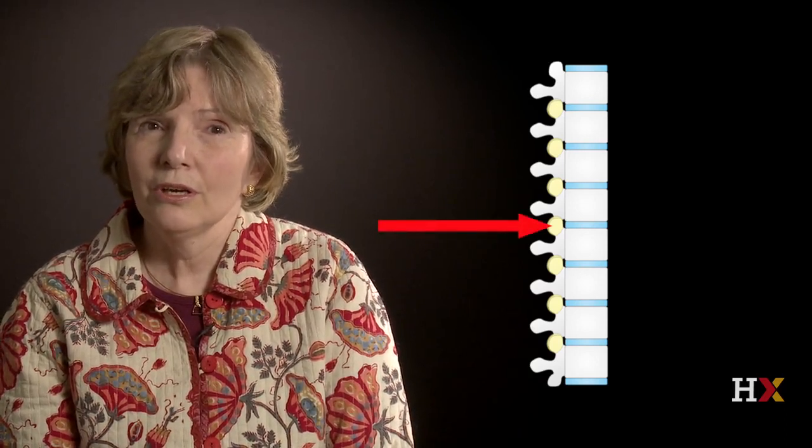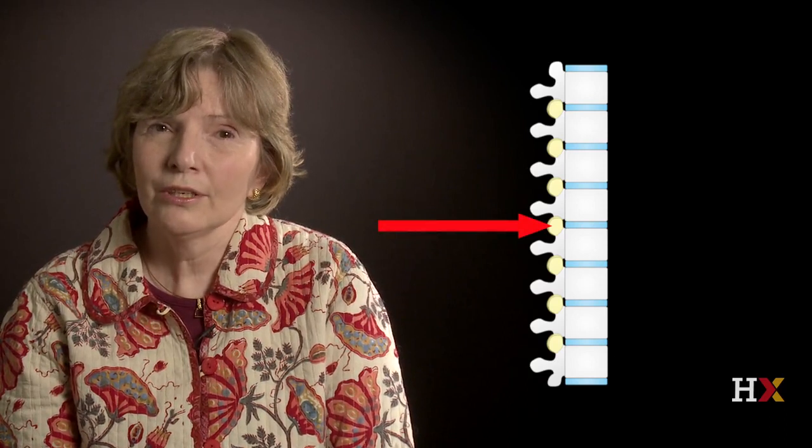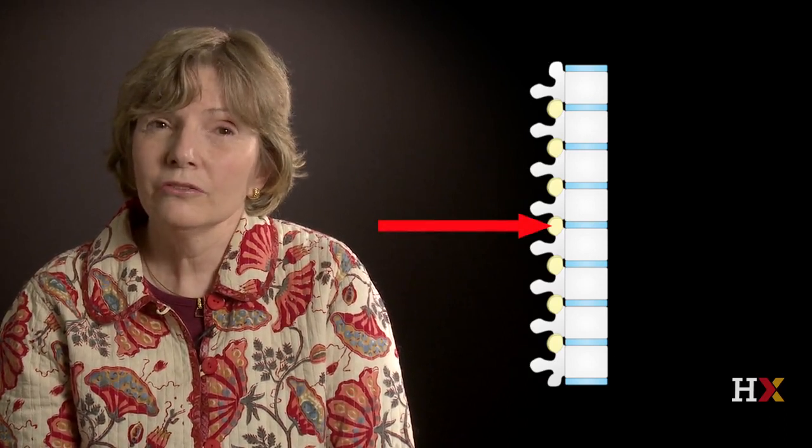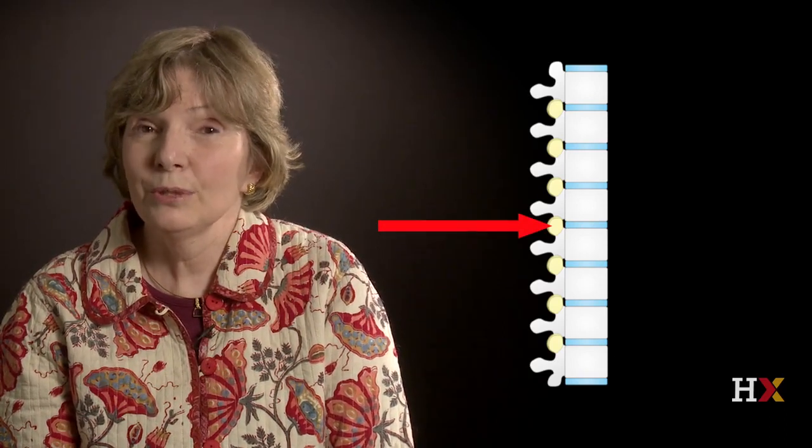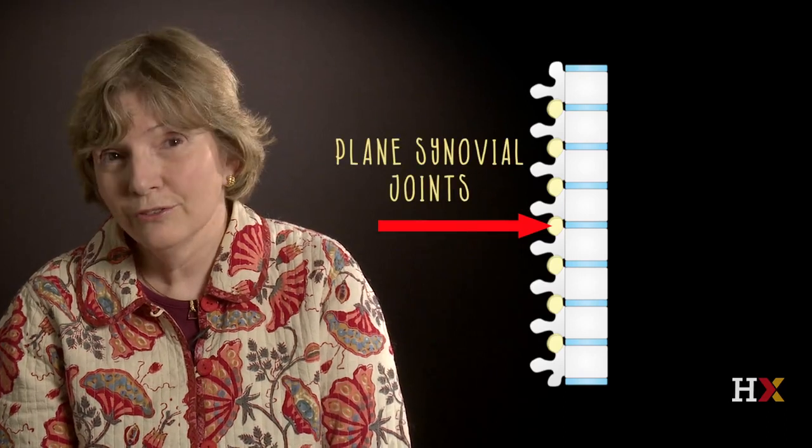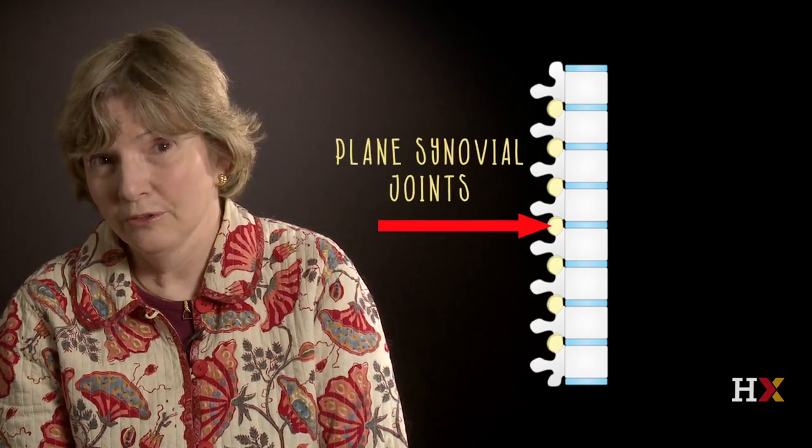So when we think of the joints of the spine, we usually think of intervertebral discs because they're the most troublesome. But there are a series of synovial joints between the arches of the vertebrae behind the articular discs, and those are the flat surfaces of plane synovial joints with a synovial membrane with a little capsule.